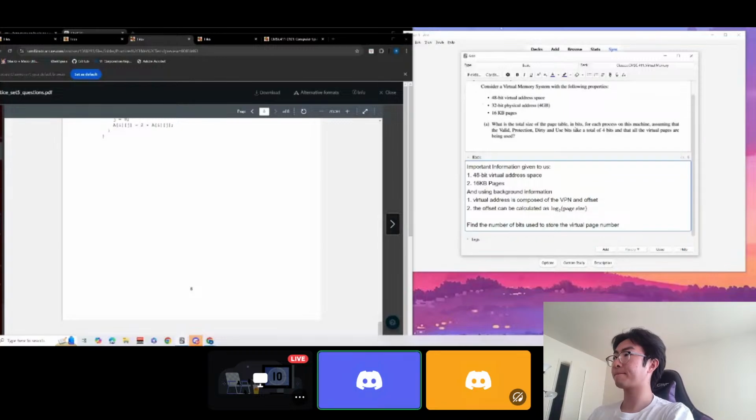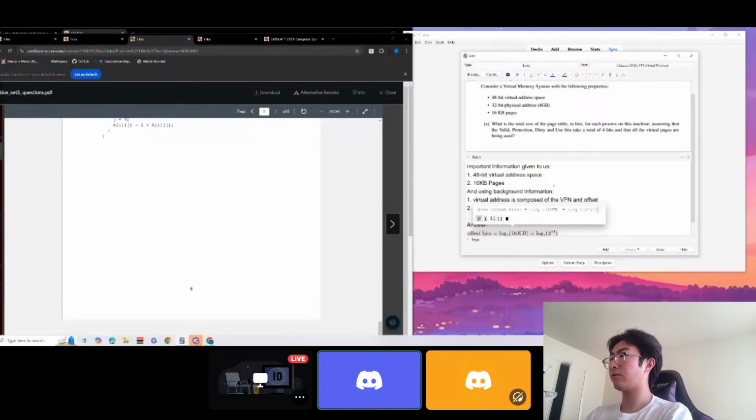So offset bits is equal to log base 2 of 16 KB, which is equal to log base 2 of 2 to the 4 times 2 to the 10, which is just equal to 14 bits.